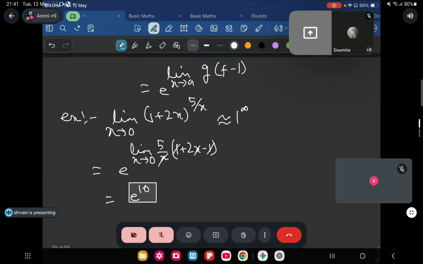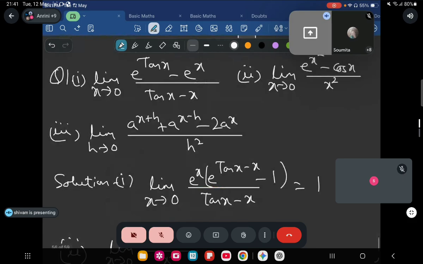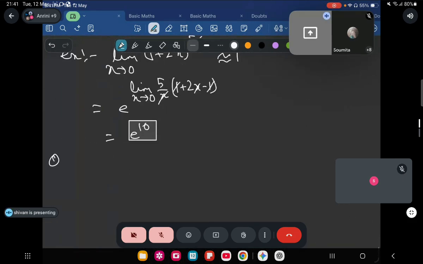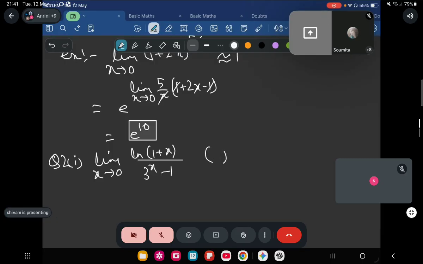Okay, let us do some problems, everyone. Question number 2, part 1: limit x tends to 0, ln 1 plus x by 3 to the power x minus 1. Part 2: limit x tends to e, ln x minus 1 by x minus e.